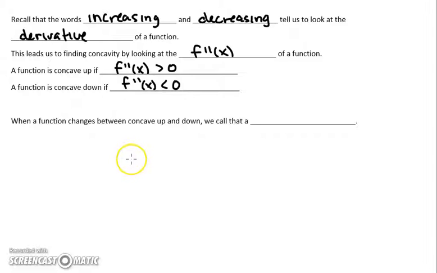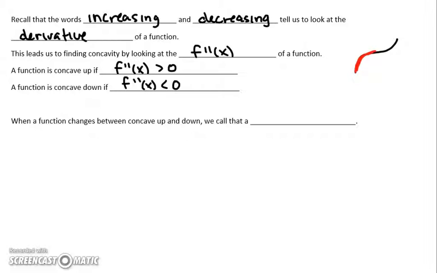So we have a special name for the point where the function changes from concave up to concave down. So if we look at a graph that looks something like this, first part of the graph is concave down, right? So this whole first part is concave down. That's a part of a parabola that has a negative leading coefficient.